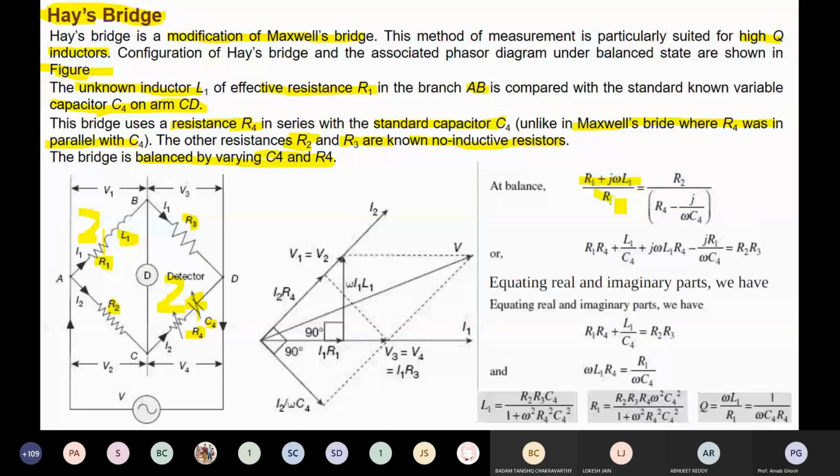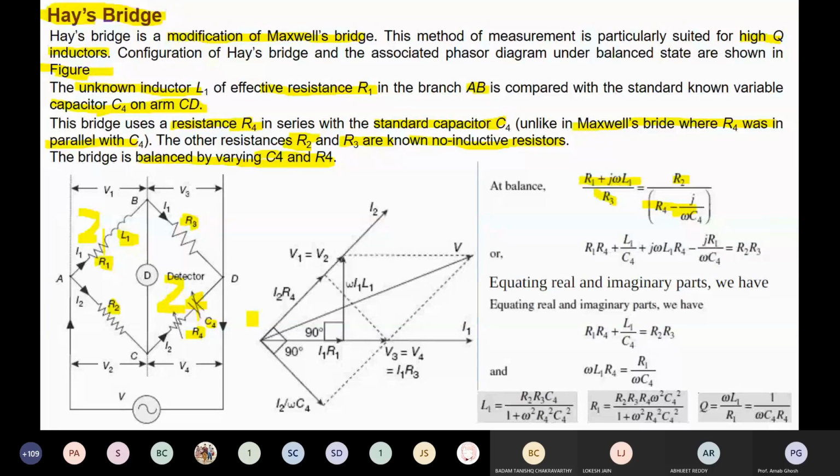Now equating the real and imaginary parts, we have R1 R4 plus L1 by C4 equal to R2 R3, and omega L1 R4 equal to R1 by omega C4. So finally you will get the expressions of L1 and R1.